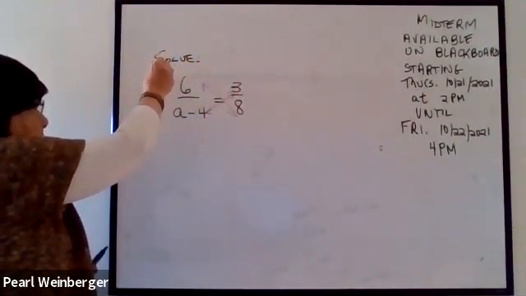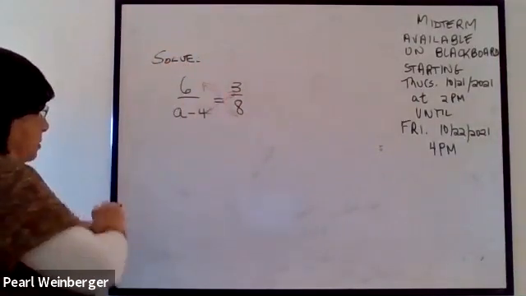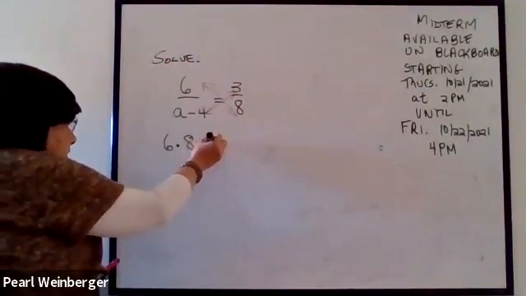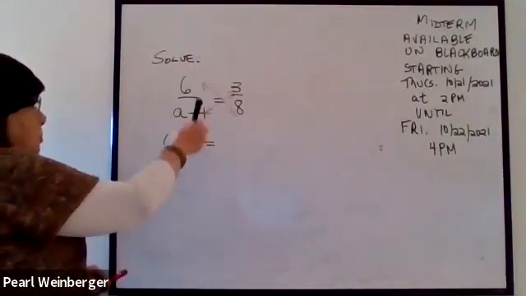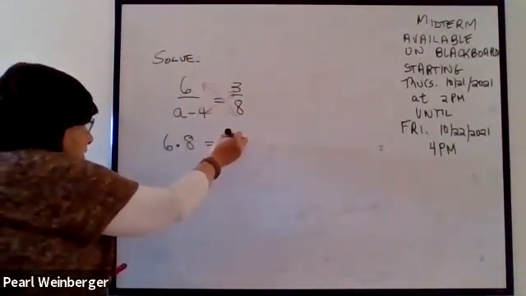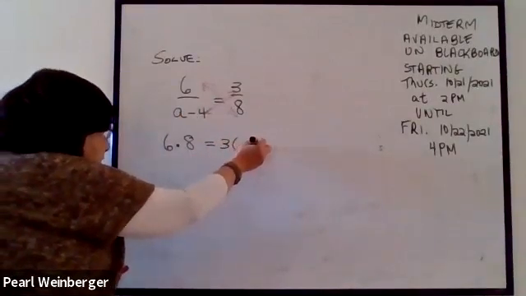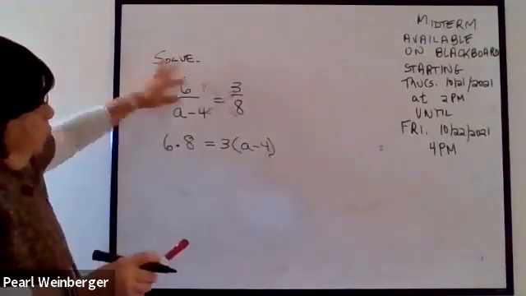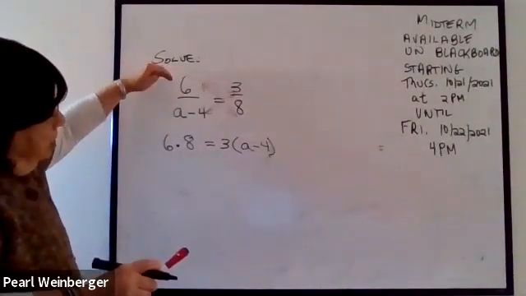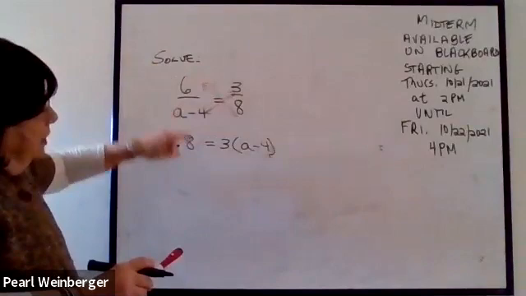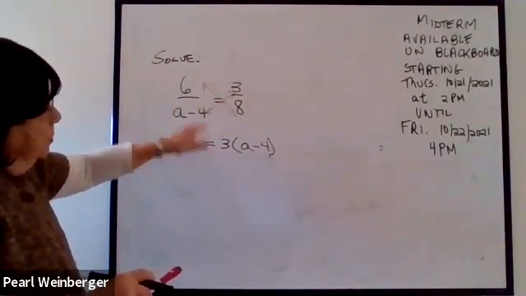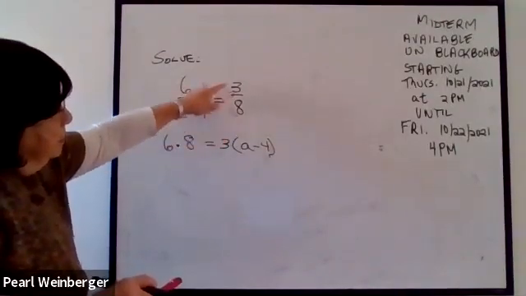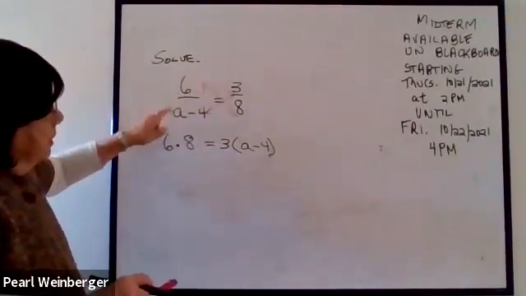You're going to multiply the 6 times the 8, and that's going to be equal to the 3 times the a minus 4. Notice you will still have an equal sign, but it'll be the numerator times the denominator equaling the numerator times the denominator.